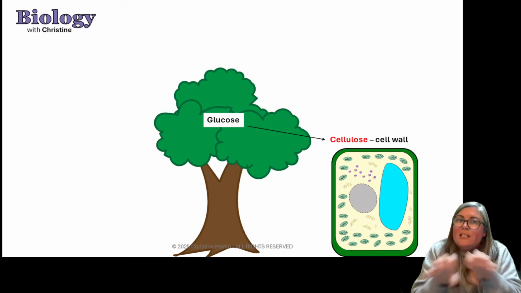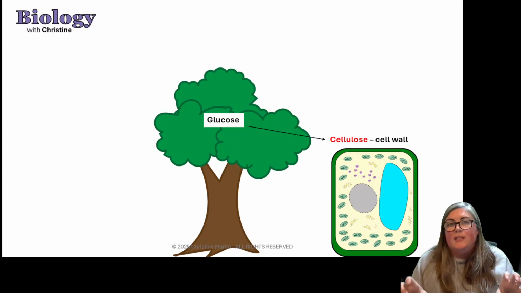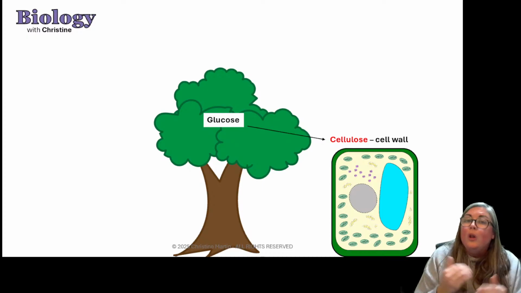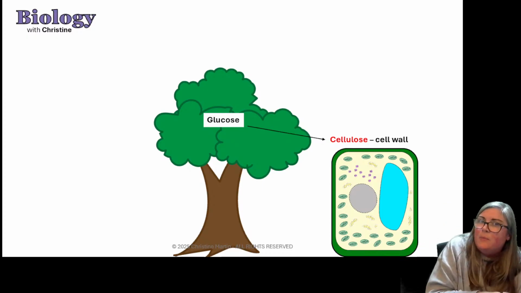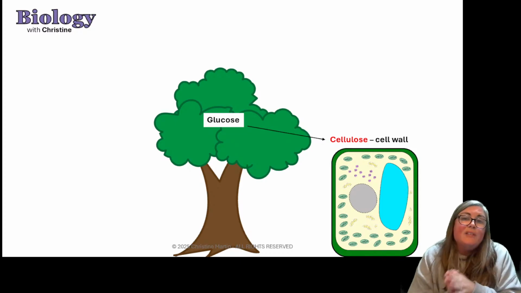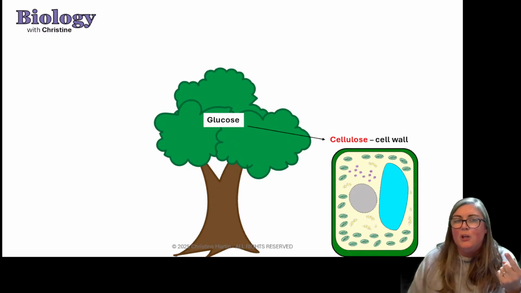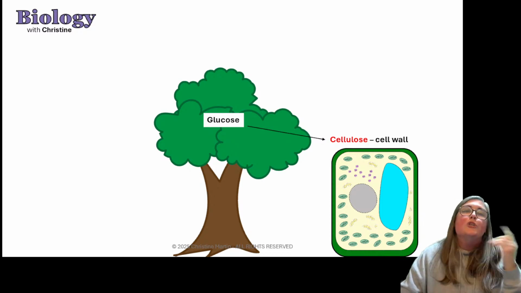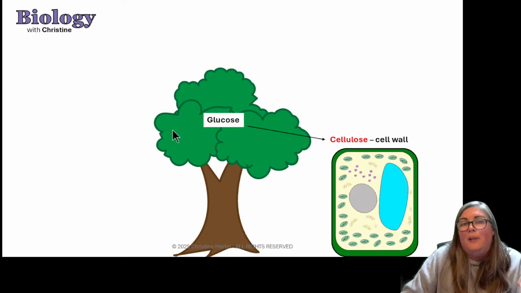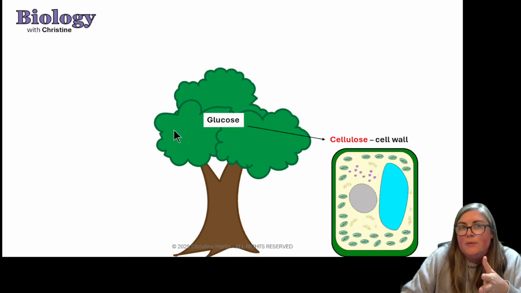When the cell splits apart through the process of cytokinesis, that cell wall has to be formed. We can distinguish plant cells because they have a cellulose cell wall. Well, that came from the glucose that was an end product of photosynthesis. So that's one way in which the plant can use glucose.